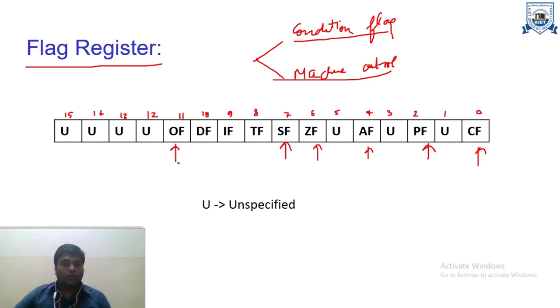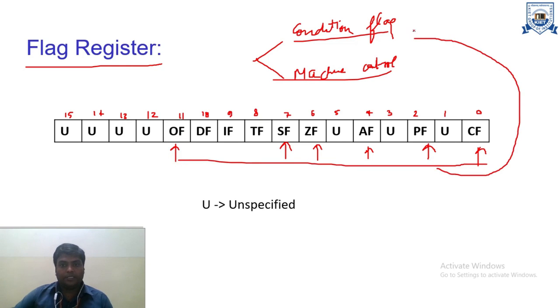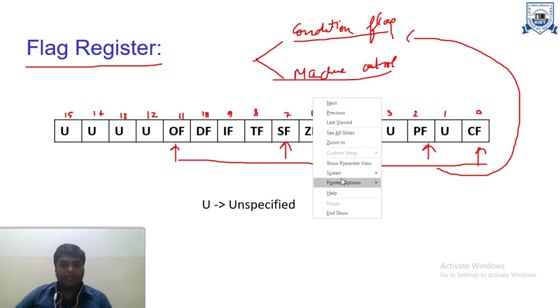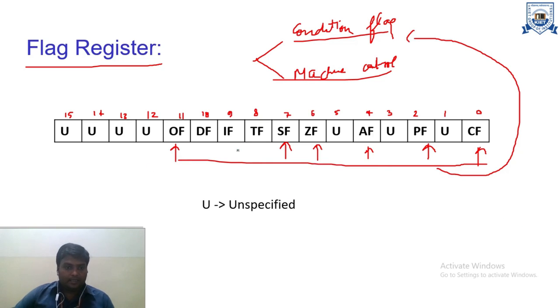All this information comes under the conditional flags. The remaining are TF, that is the trap flag, the interrupt flag, and the direction flag. These three flags come under the machine control flags.